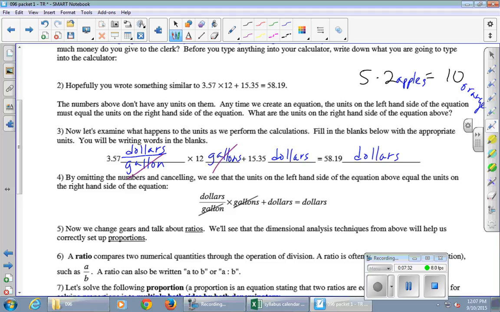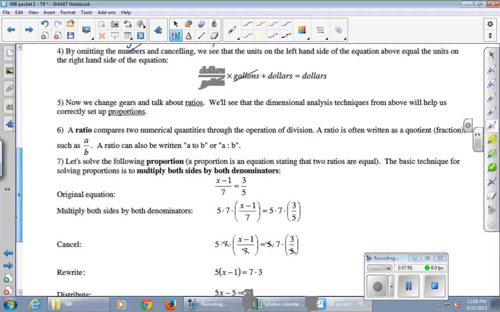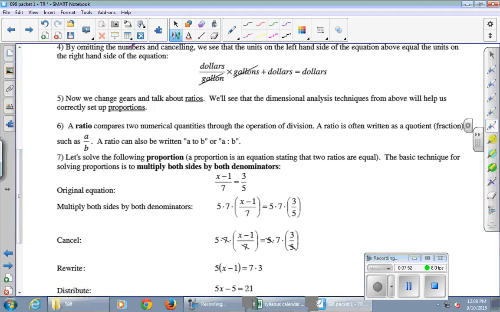And then you add the dollar amount of the other stuff, the $15 worth of stuff, and you end up with a total dollar amount. There's nothing earth-shattering here, gang. It's just paying attention to the units and recognizing that the units on the left have to match the units on the right. Okay, moving on to number 5, changing gears to talk about ratios and then ultimately setting up some proportions.